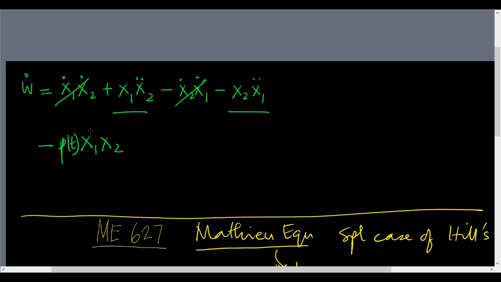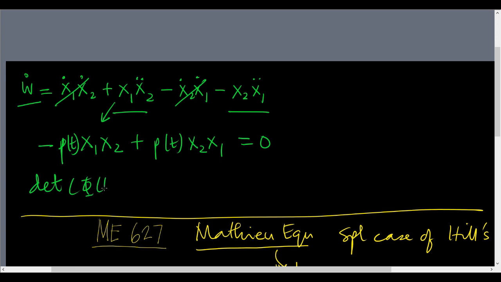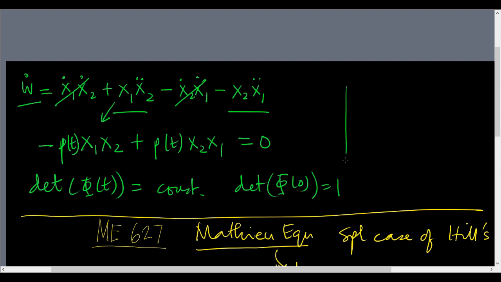This minus will become a plus p of t x2 x1, and so W dot is equal to 0. Because W dot is equal to 0, the determinant of phi of t equals a constant. But the determinant of phi of 0 equals 1.